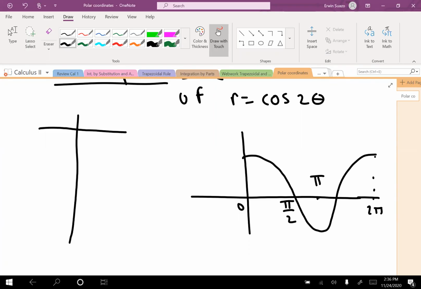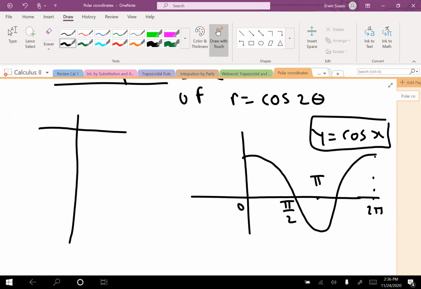This is cosine. Let's just call it y equals cosine of x, because it's in rectangular coordinates.